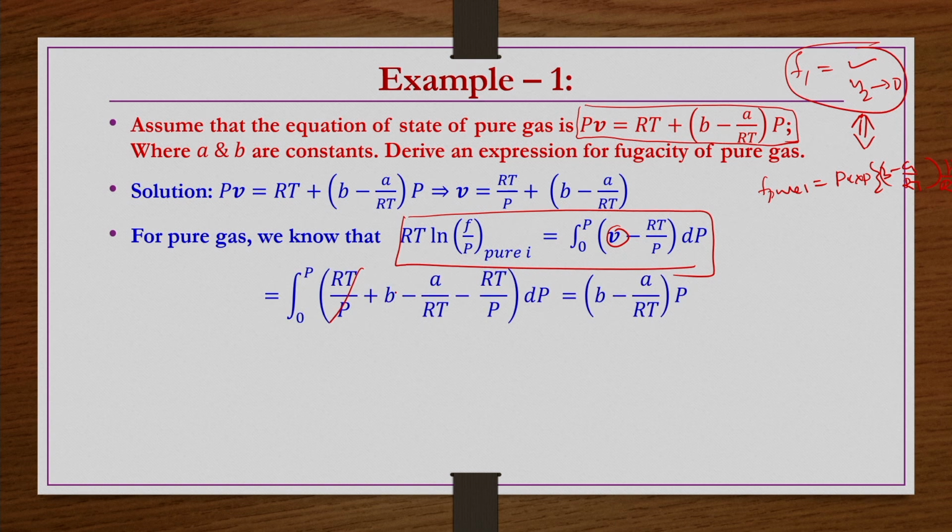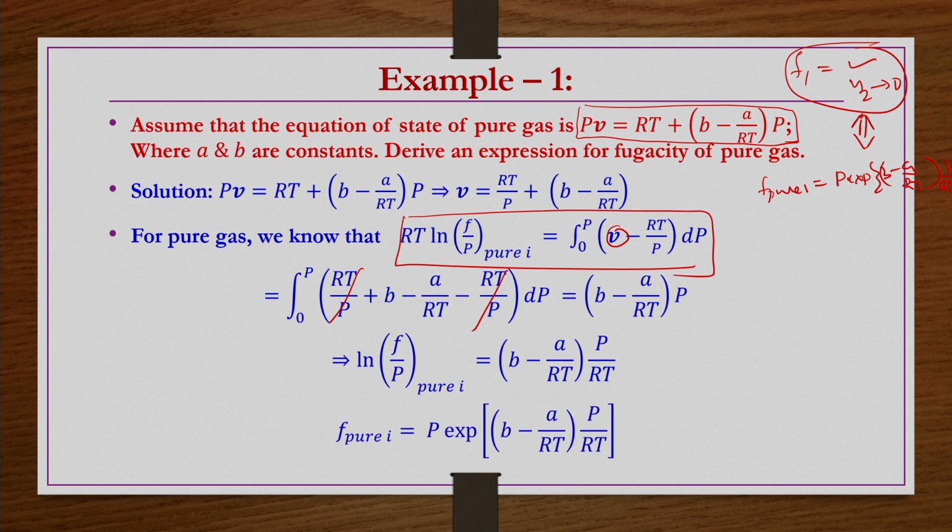RT by P and RT by P cancel out, so we have (B minus A by RT) P. So ln f by P for pure i equals (B minus A by RT) P by RT, bringing the RT on the left hand side to the right hand side. Then f pure i is nothing but P exponential of (B minus A by RT) P by RT, and this is the same expression as the one that we derived from f1.